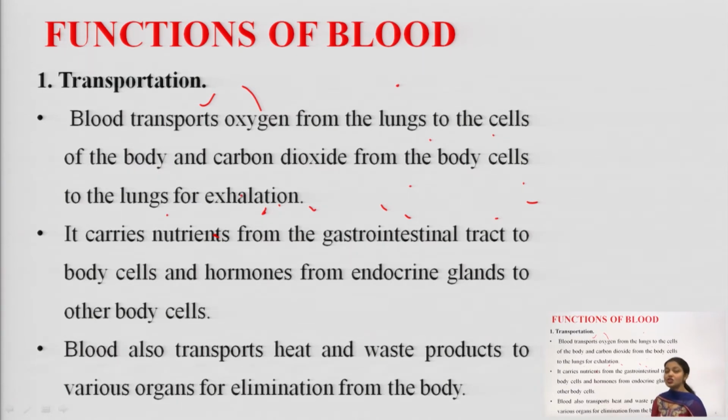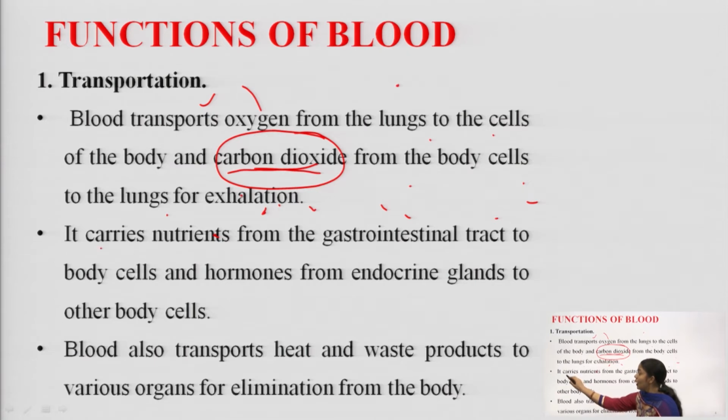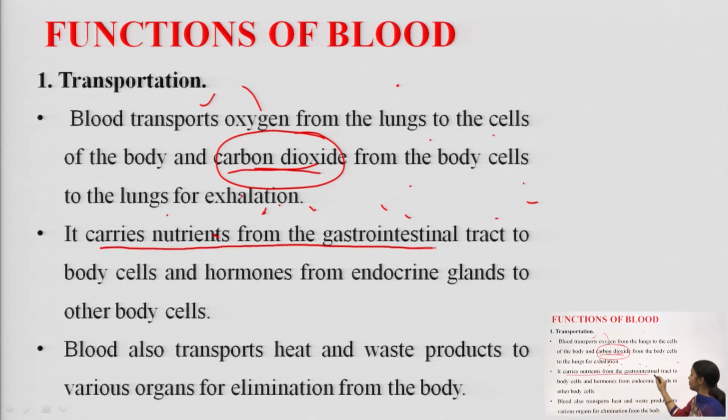Oxygen is essential for your body and should be inhaled, and carbon dioxide should be exhaled from your body, because carbon dioxide is acidic in nature and can imbalance your blood pH. Moreover, the blood also carries nutrients from the GIT.